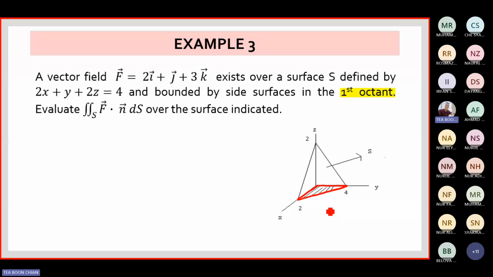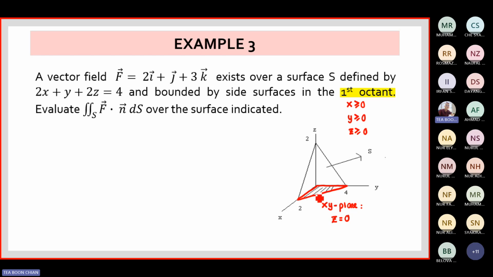You should know that for the XY plane, the equation will be z equals to 0. First octant actually means that x must be 0 or positive, y also must be 0 or positive, z must also be 0 or positive. So these are some of the keywords you should pay attention to and remind yourself of in this vector calculus.